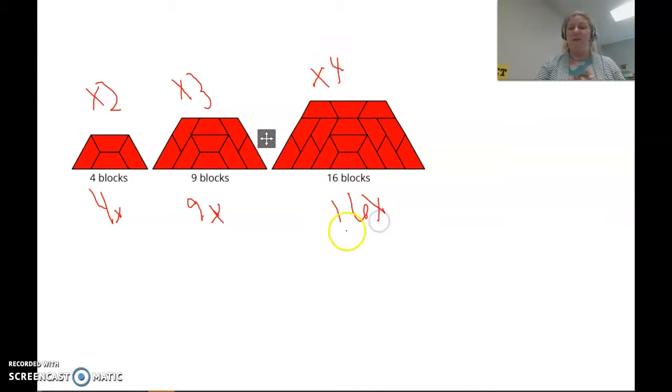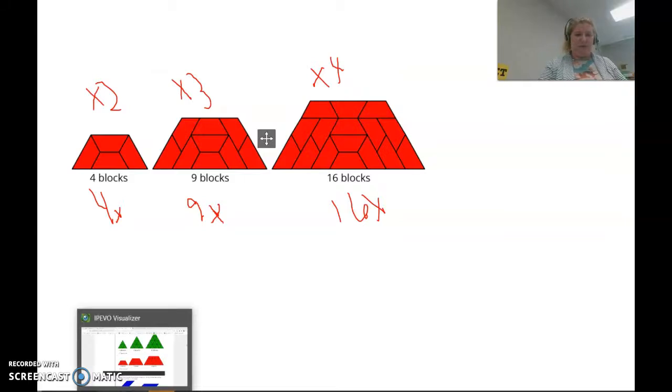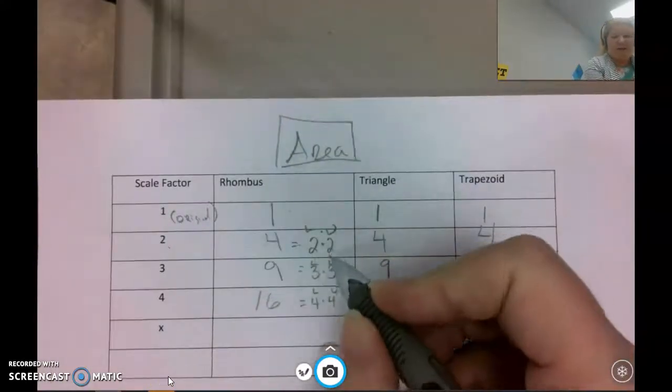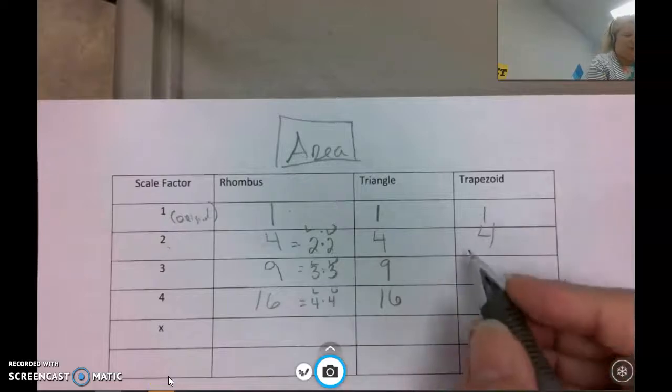And the reason is because we are not just doubling the length, we are doubling the length and the width of these figures. So the area is not changing by just a multiple of 2. It's changing by 2 by 2 and 3 by 3 and 4 by 4.